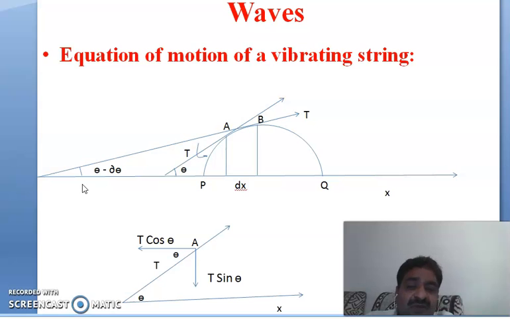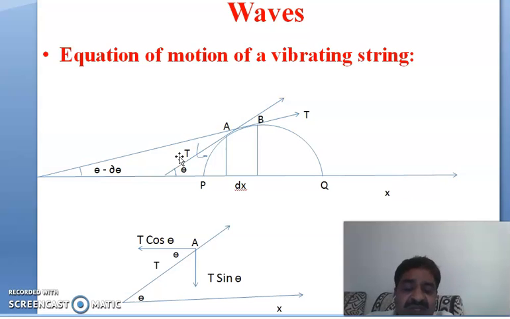At the same time, if a tangent is drawn at point B, this tangent makes a smaller angle of inclination with the x-axis. As you know, B is very far, A is just near to the x-axis. So here the angle theta minus delta theta is formed with the x-axis, and here theta is there. Surely this one is smaller.